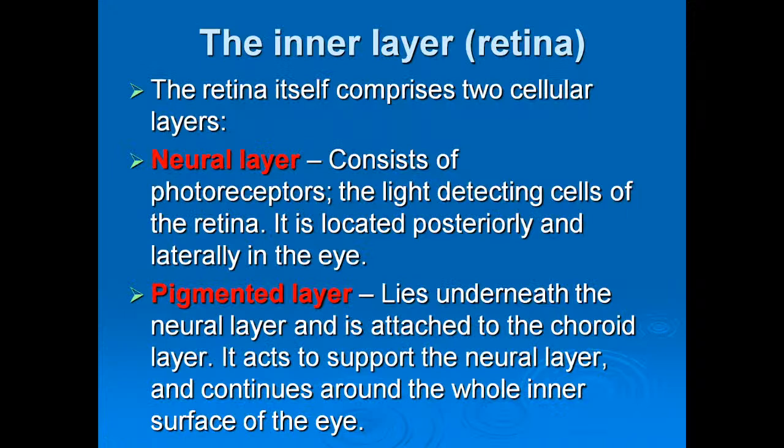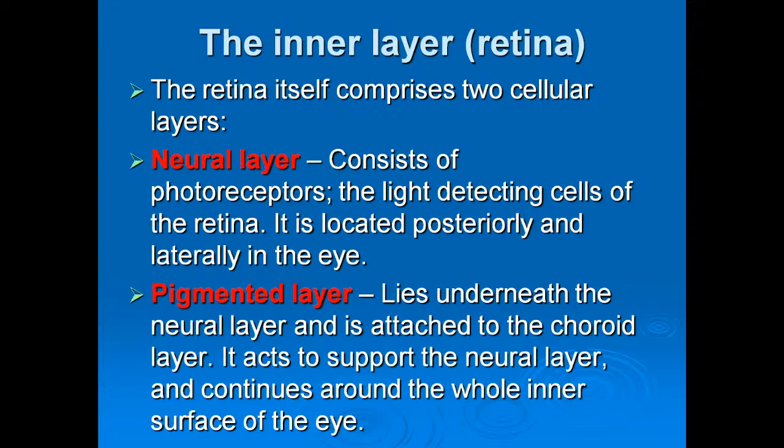The inner layer or retina. The retina itself comprises two cellular layers, neural layer and pigmented layer. Neural layer consists of photoreceptors, the light detecting cells of the retina.